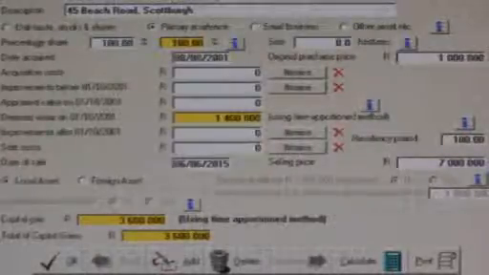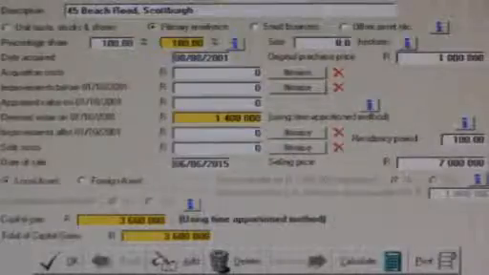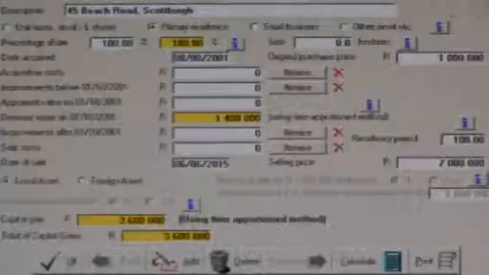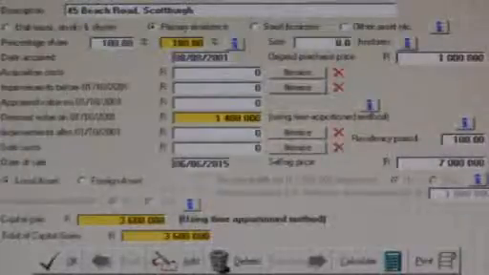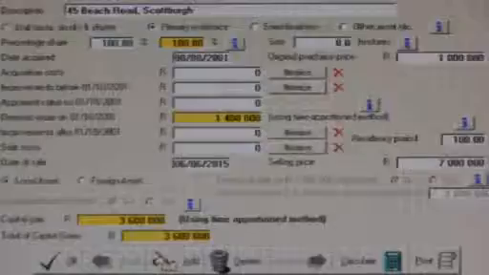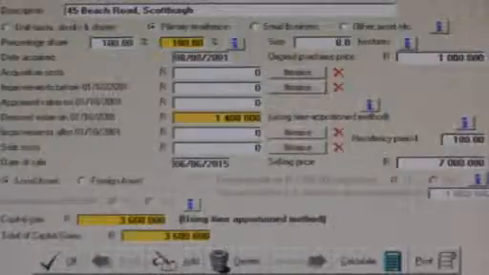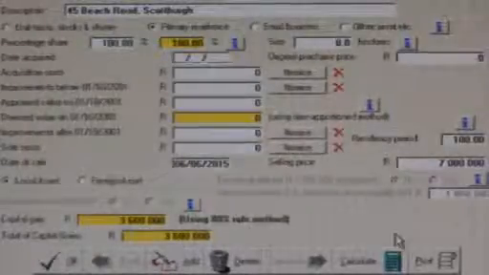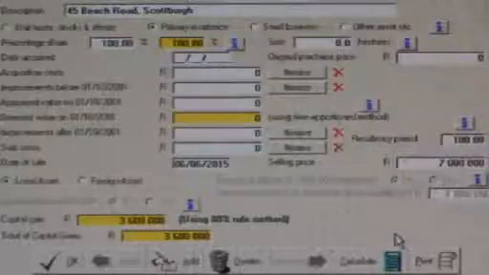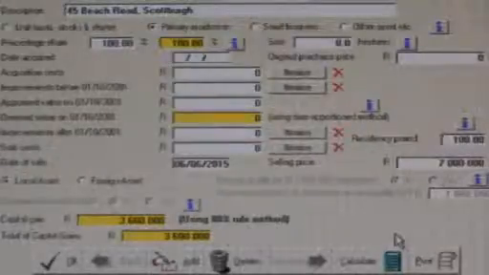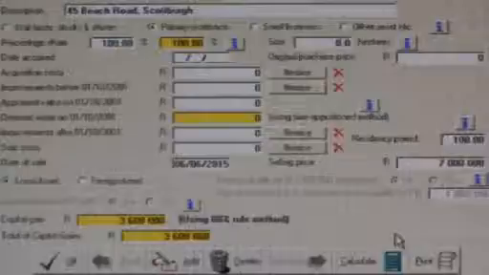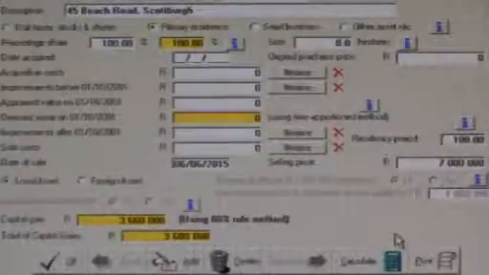There's one final method that SARS uses to determine the base cost in cases where you cannot prove when you acquired the asset or what you paid for it. If we remove the purchase date and the purchase price, then you will see that SARS uses the 80% 20% method, which means that SARS uses 20% of the proceeds as the base cost.